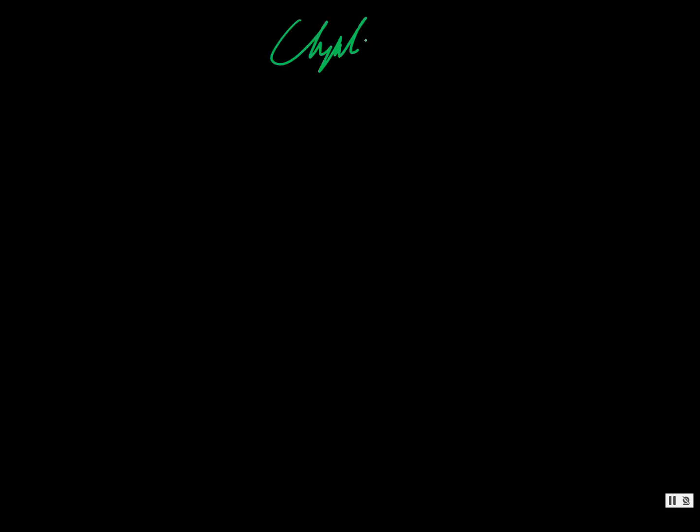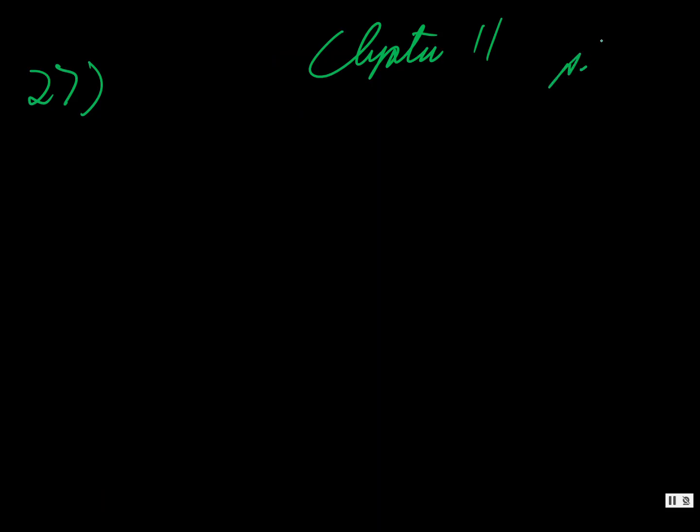So we got chapter 11, and we got question 27 on page 359. Yeah. Okay. We got a circular steel wire, 2 meters long, that must stretch no more than 0.25 centimeters when a tensile force of 7,000 newtons is applied to each end of the wire.